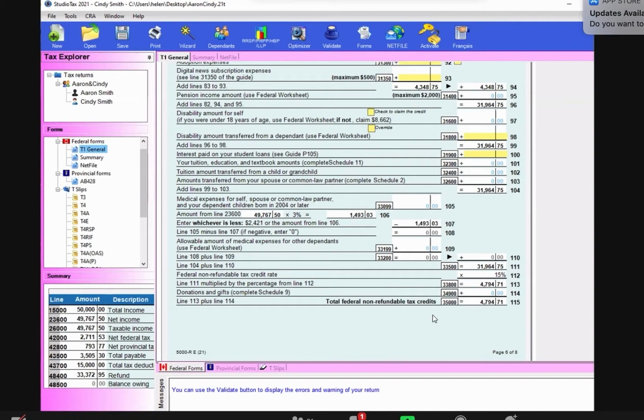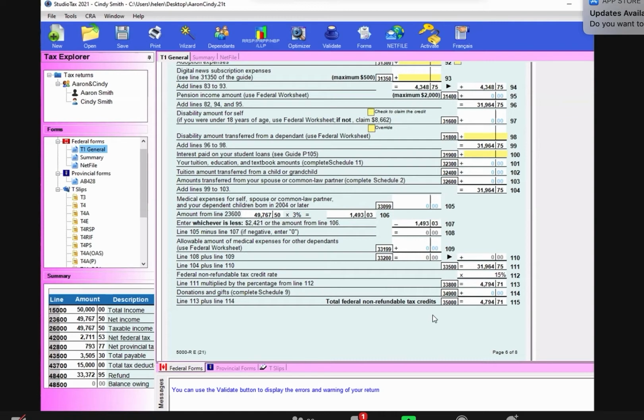So it's unlike 105. Unlike 105, the medical expenses, if you put it on Cindy, are reduced by 3% of Cindy's net income. If you put it on Aaron, the medical expenses are reduced by 3% of Aaron's income.